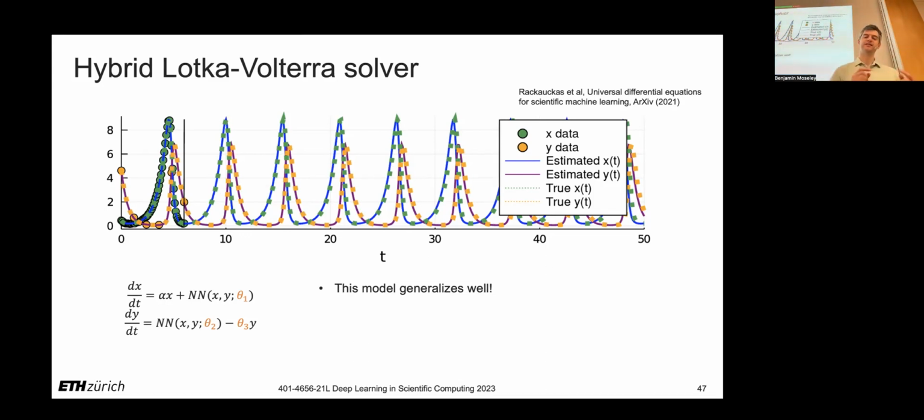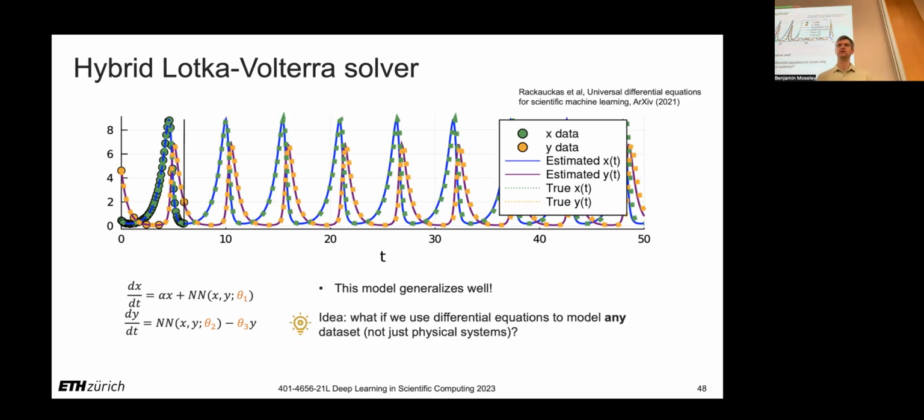So this leads us to another question or another idea, which is, why don't we just use this whole thing to model other data sets, and not just physical data sets, but any data set? Why don't we use this neural differential equation and the solver that we just defined to model arbitrary time series?